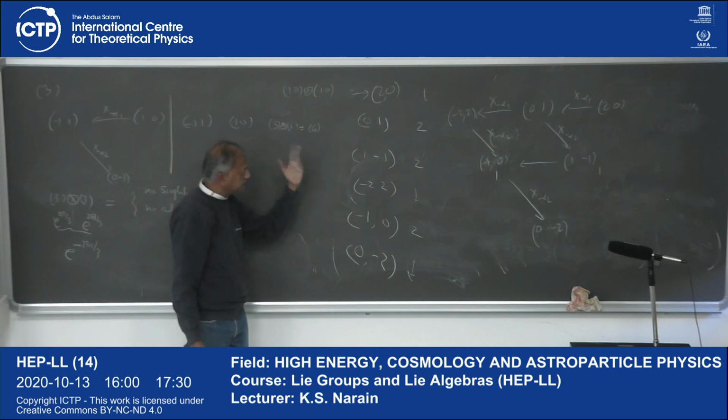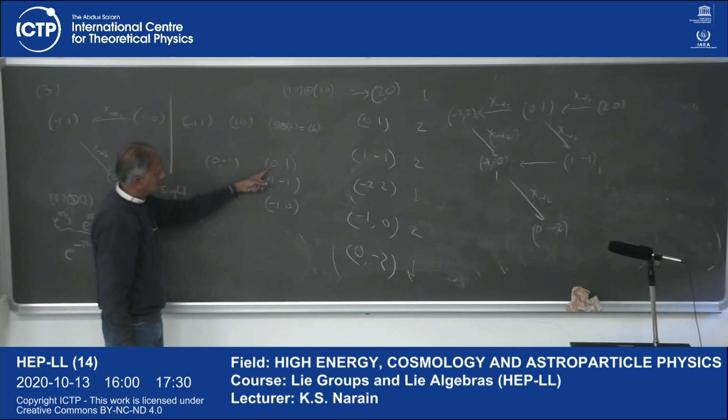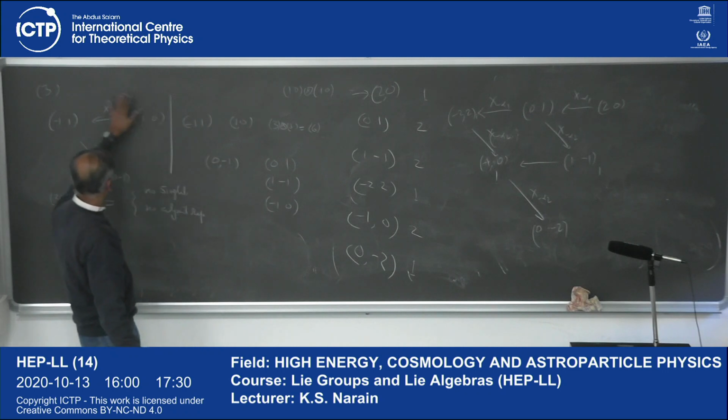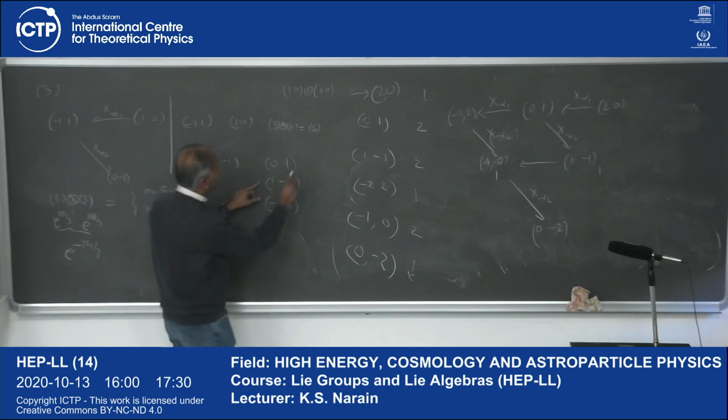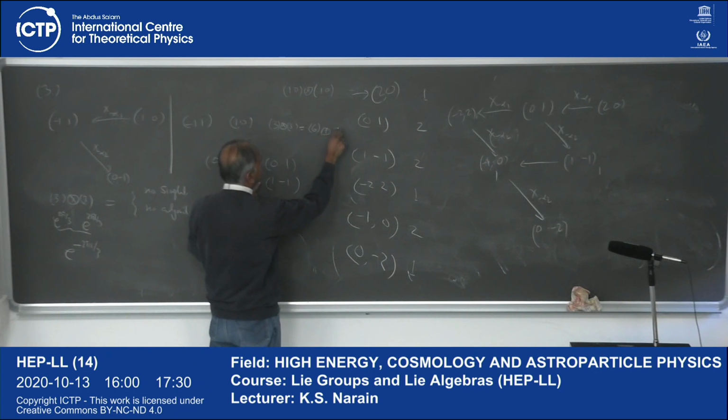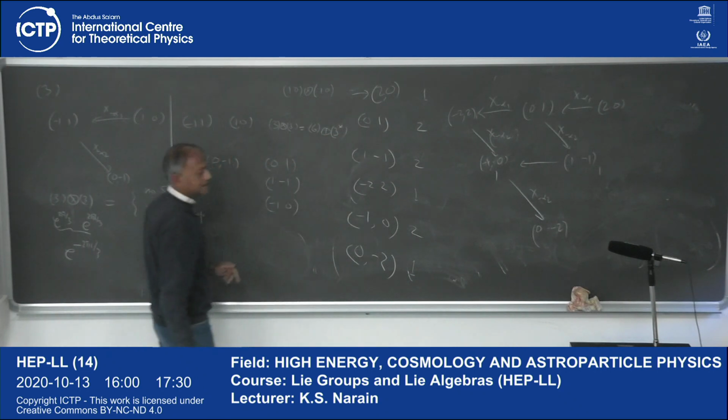There are 3 left over, just one copy of each of them. The ones left over are 0, 1, 1, minus 1, and minus 1, 0. But that was a 3-dimensional representation, not this one, but the complex conjugate of that, right? So this is 3 bar representation.